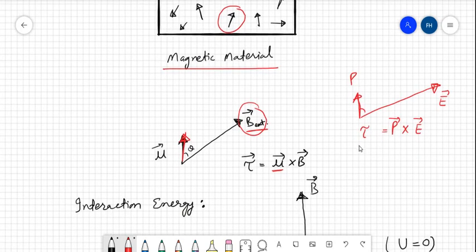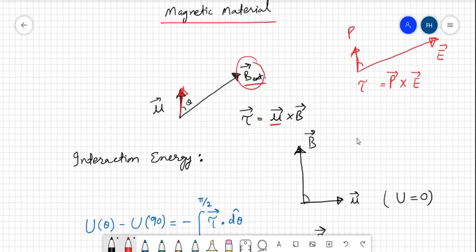One more thing that we already discussed in electric fields in matter was the interaction energy: how this dipole moment interacts with the external field. For that we used a simple equation to calculate the interaction energy.